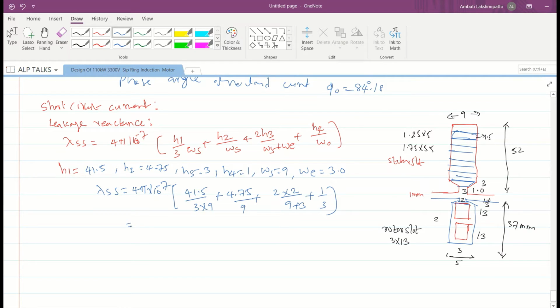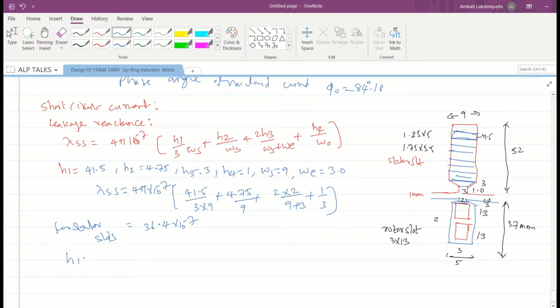The coefficient we will get is 36.4 into 10 power minus 7. This is for the stator slots.